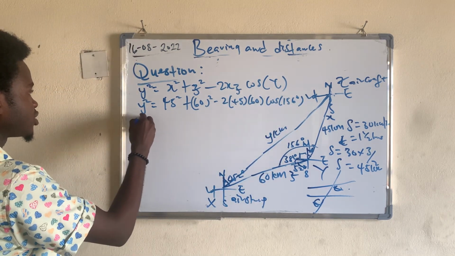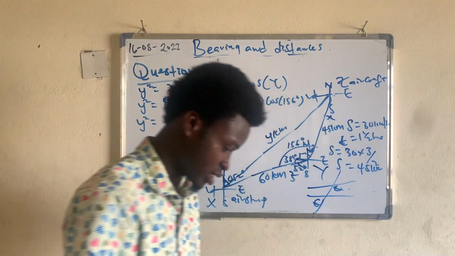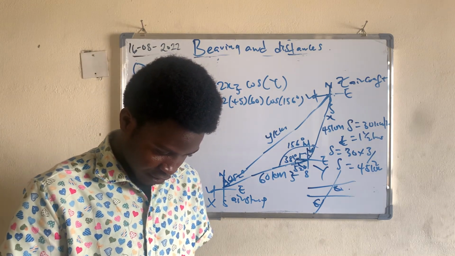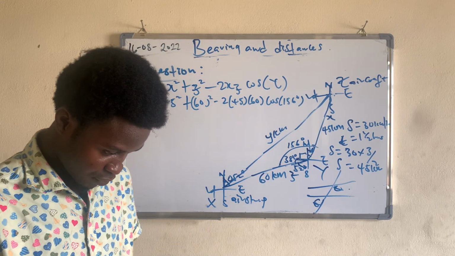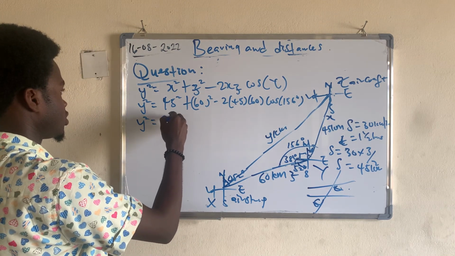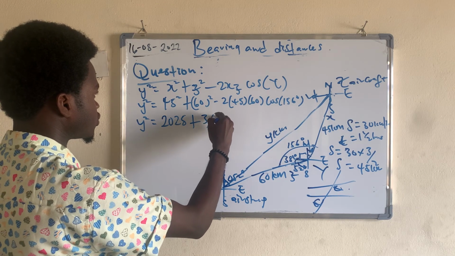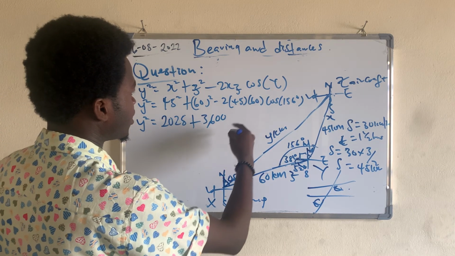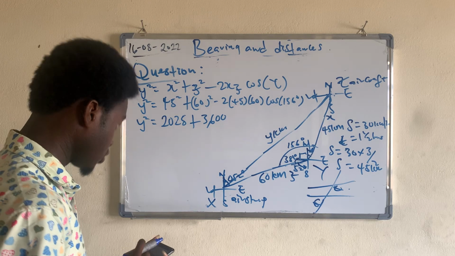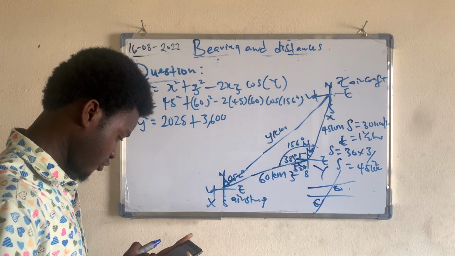So that our y squared is 45 squared, we check that with our calculator, 45 by 45, we have 2025 plus our 60 squared will give us 3600.